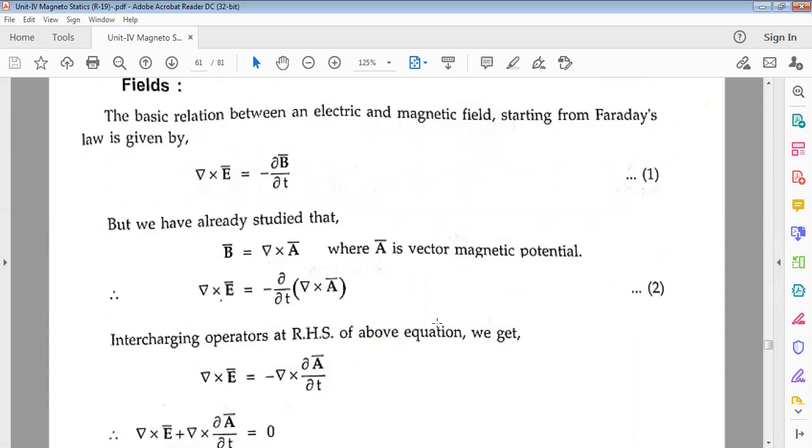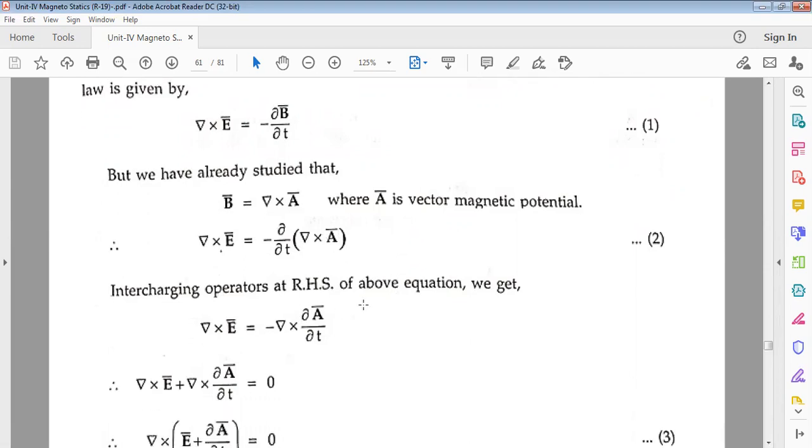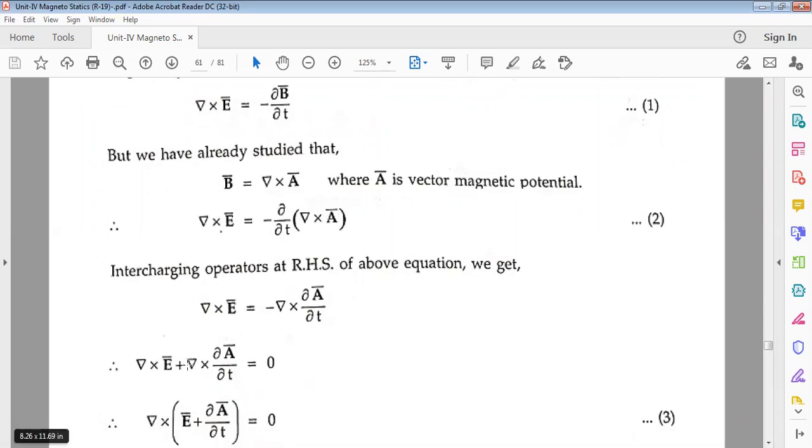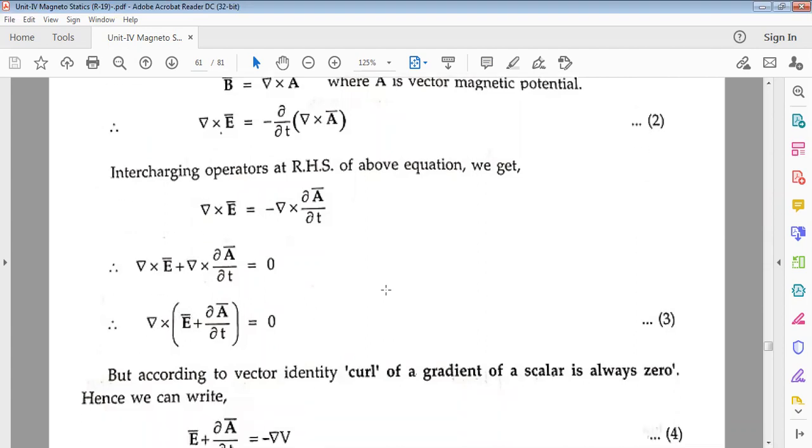Interchanging the operators on the right hand side, del cross E bar is equal to minus del cross dou A bar by dou t. Bringing that to the left hand side, del cross E bar plus del cross dou A bar by dou t is equal to 0, and taking the common term, del cross of E bar plus dou A bar by dou t is equal to 0.